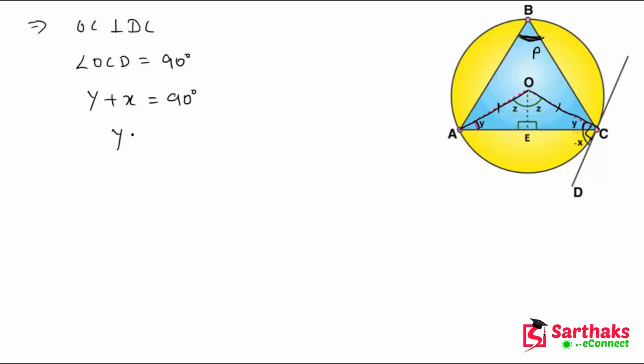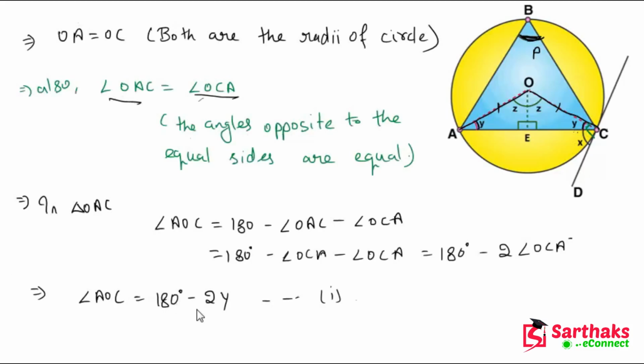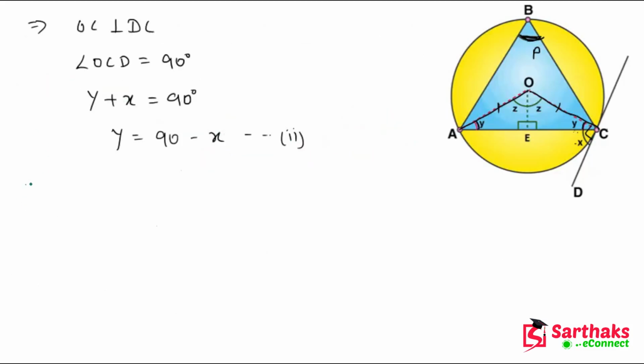From this we can find the value of Y. So Y is 90 minus X. Let's suppose this is equation number 2. Now put the value of Y in equation number 1. We find angle AOC is equal to 180 degrees minus twice Y, which means 2 into (90 minus X).